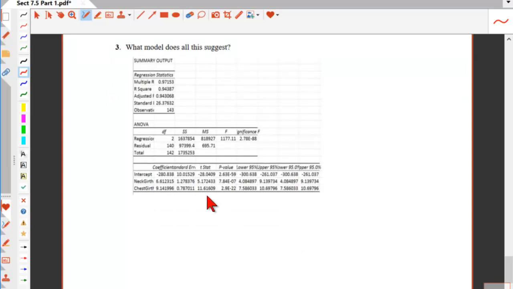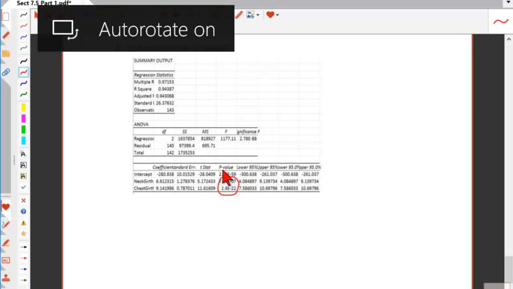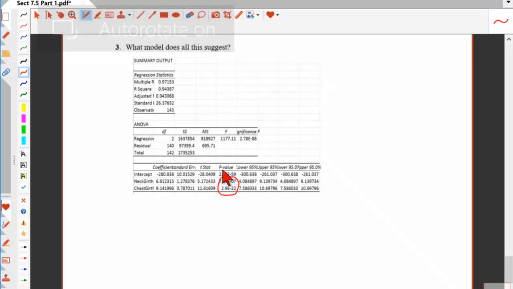And again, I'll do a check. If I come back here and look at the p-values for these coefficients, you see that they're still both small, much smaller than 0.05.